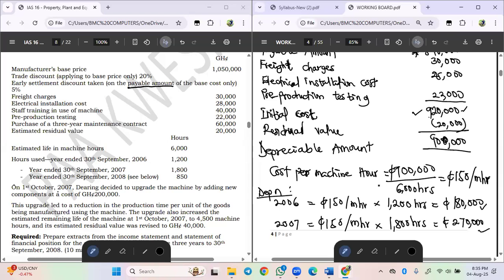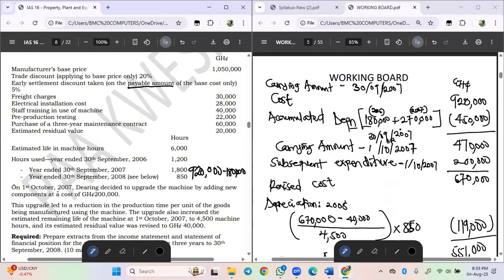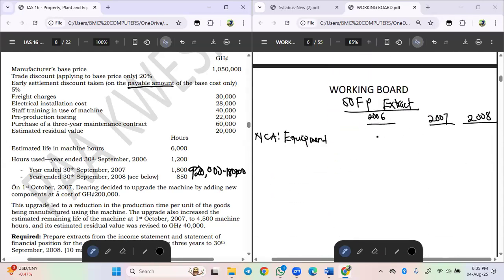So for 2006, it will be the initial cost of 920,000 minus the depreciation of 180. The person who said 720 used the depreciable amount. So you use cost, not depreciation. So thank you. The 2006 will be 740.